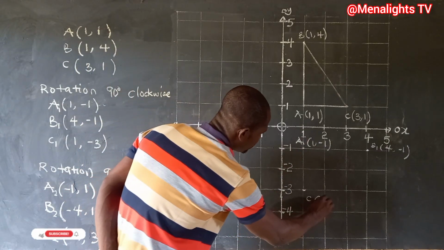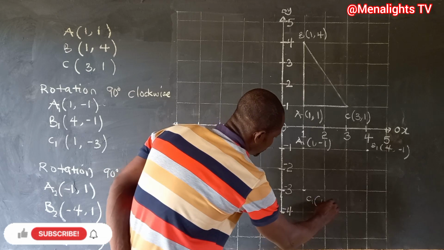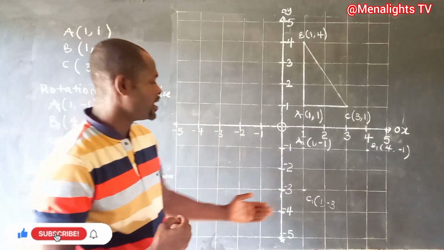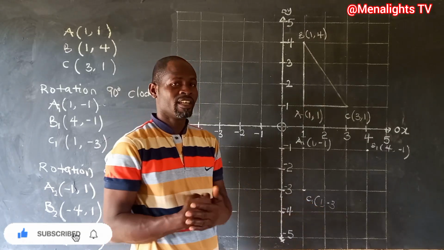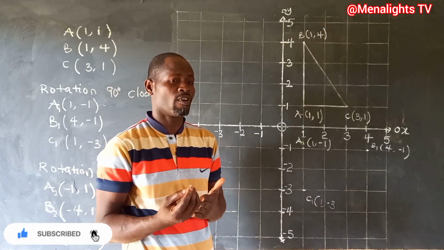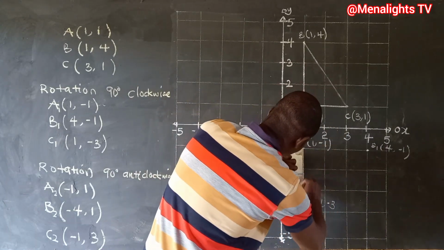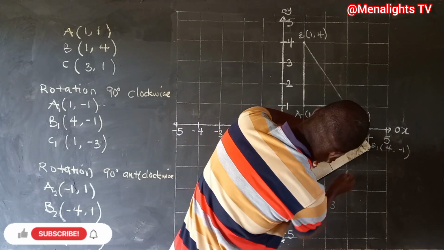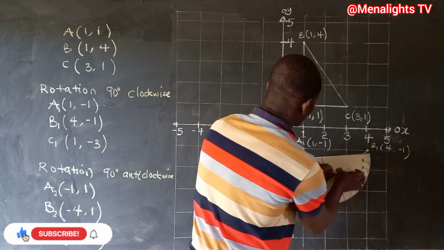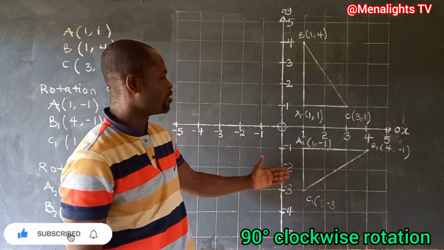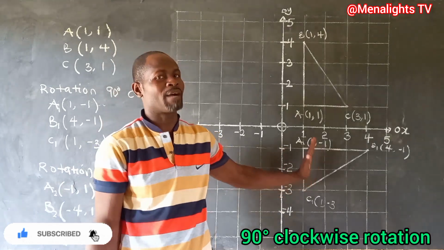Yes, C. So the C1 is 1, -3. So let's join to form a triangle. And this is the rotation 90 degrees clockwise about the origin.